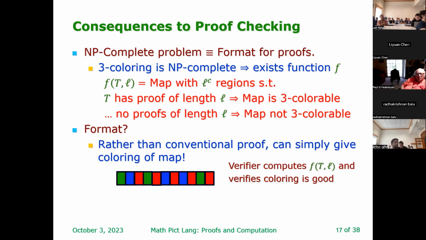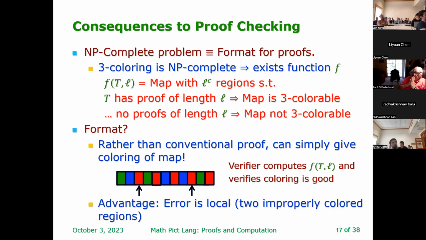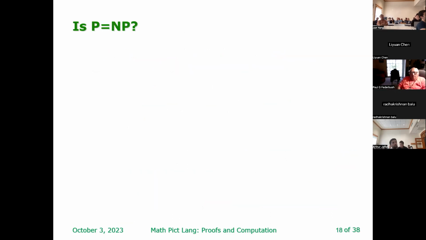So this tells us that there is a game of what kind of format a proof should be written in, and I'm saying write the proofs as graph coloring proofs. This can be very useful in some steps of checking the correctness of a proof. Okay, so I hope that made some sense. So the error is very local. There are just two improperly colored regions, and that proves the thing.